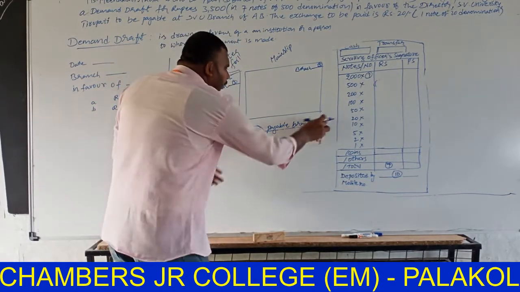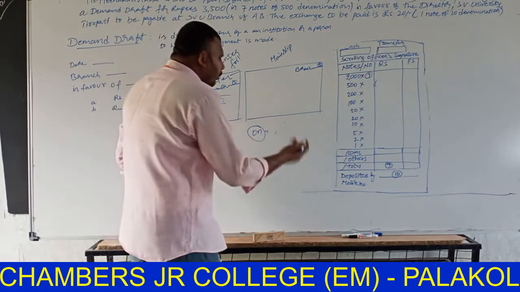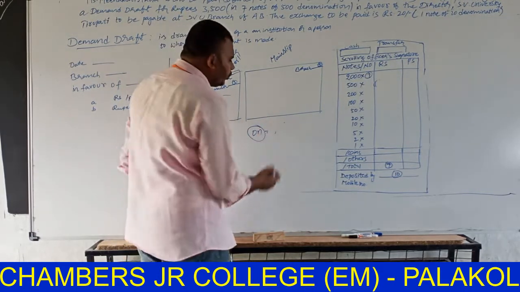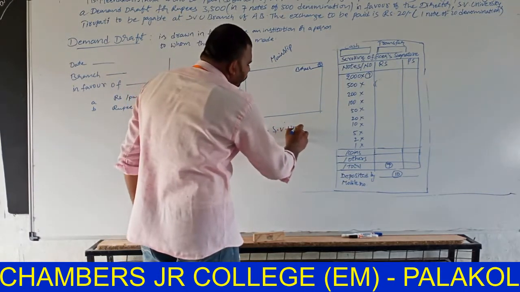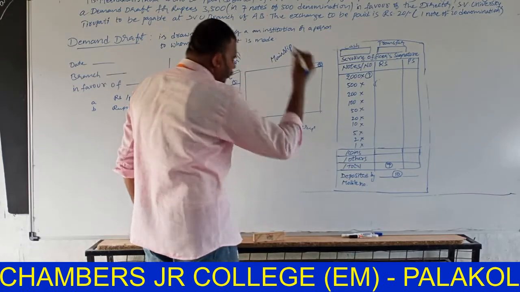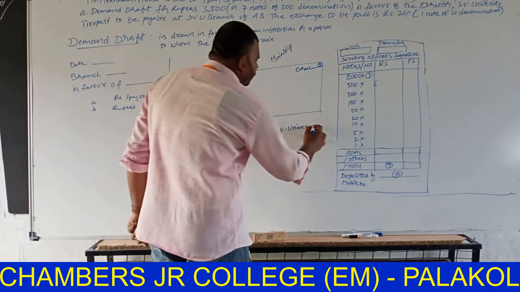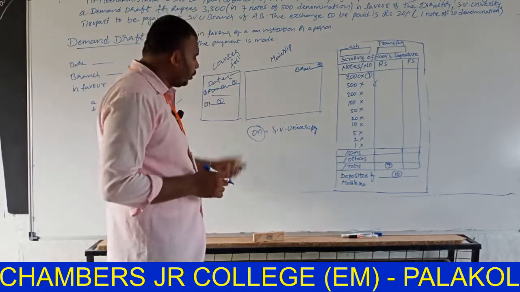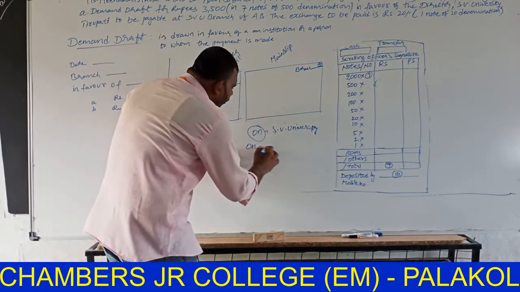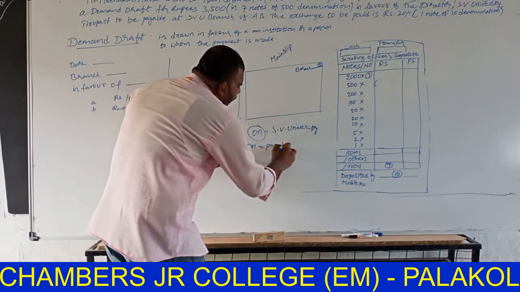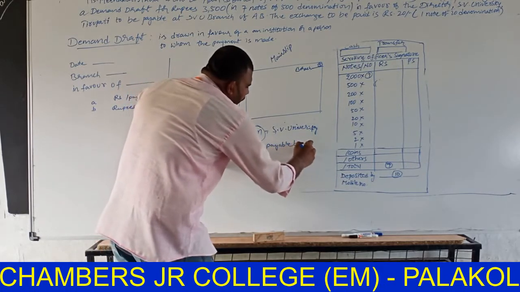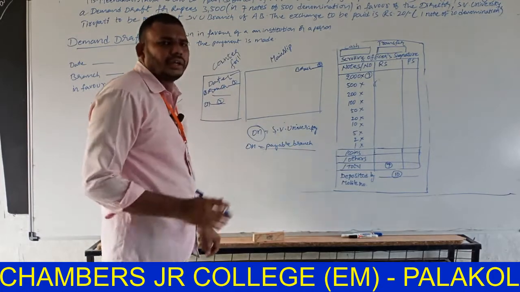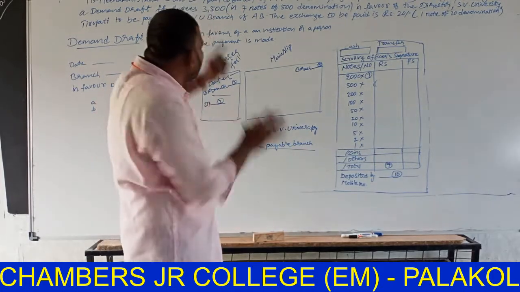Suppose the name of the payable branch is given like this, SV University, you can write like this. So on equals payable branch. This is the important thing while answering a demand draft.